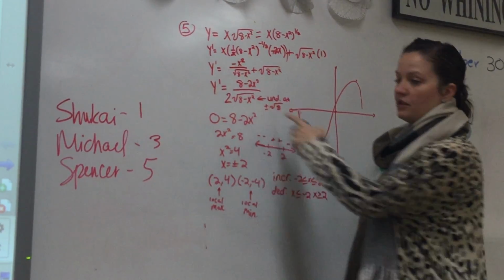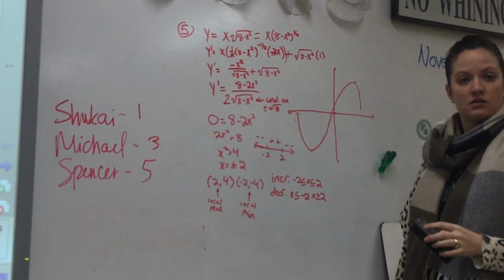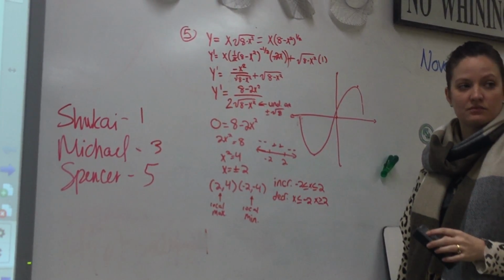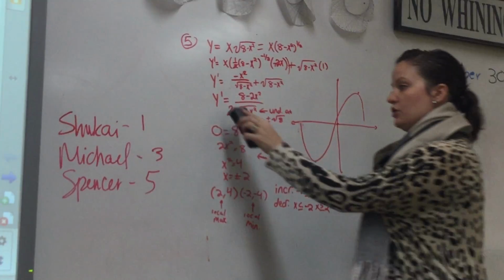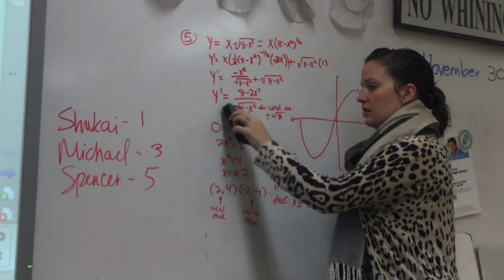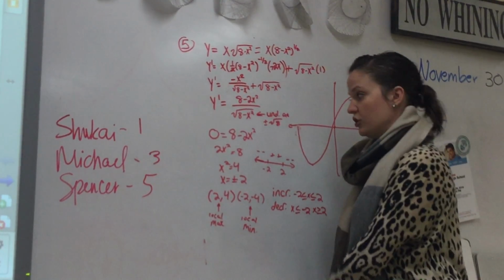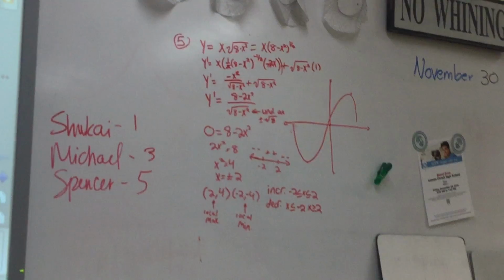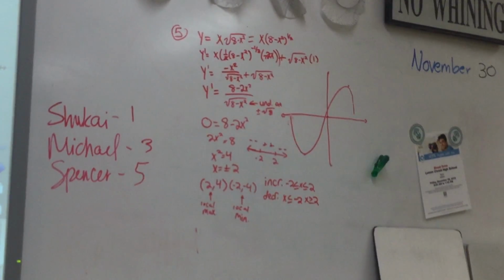Not to determine where it's undefined. It's constant, it's still 0 at that point, because under the radical is 0. So the 2 does not impact what's under the radical. So even though we're taking this away, because it was just a miscopy of the work, it doesn't change the fact that this is correct, that it's still undefined at plus or minus square root of 8.